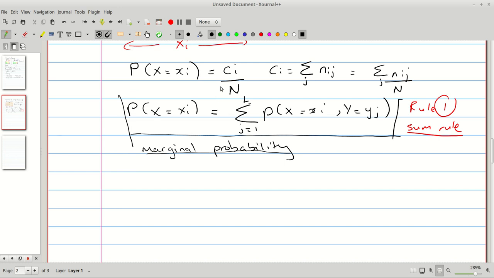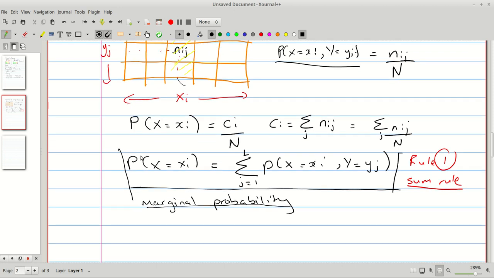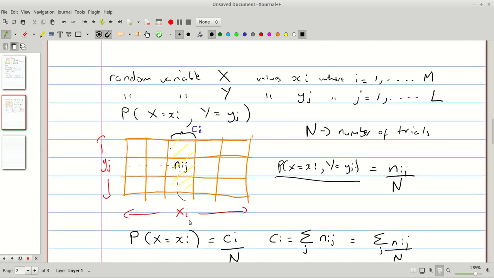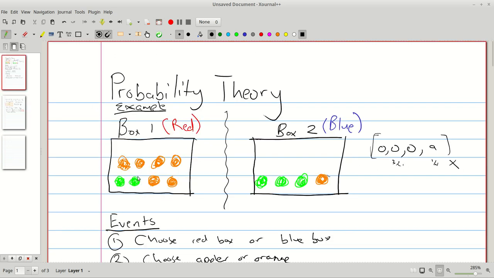Now, let's consider another case. Someone tells you that you've already chosen xi. Given that you've chosen xi, what's the probability that y takes some value yj? For example, given that you've chosen box 1, what's the probability of actually choosing an apple? So it's already given.